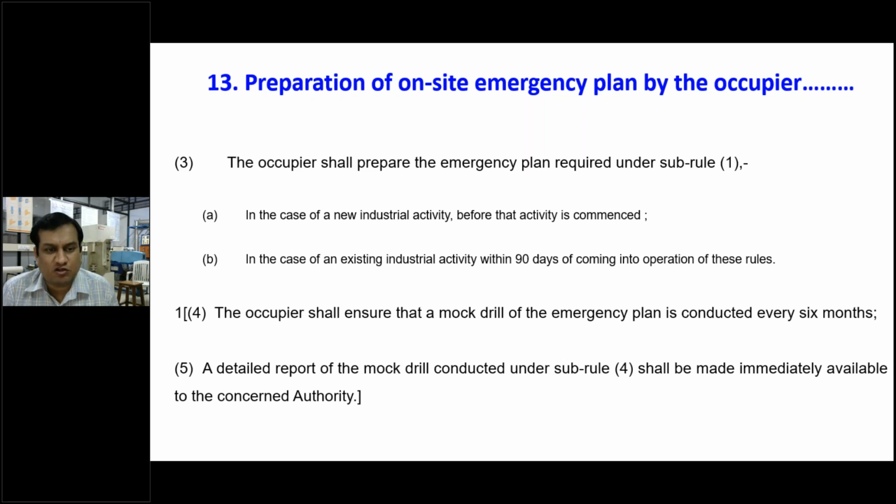If some addition or modification of industrial activities is there, then in the case of new industrial activity, you have to prepare the on-site emergency plan again. Because after changes and modification in the activities, the hazard identification, the risk involved, and the different activities are changing, and that is why we have to change the on-site emergency plan too.